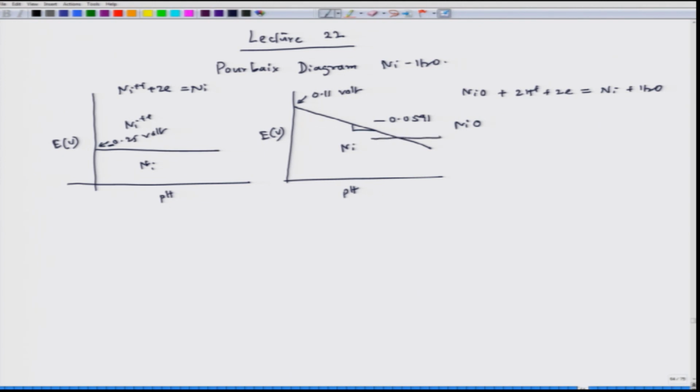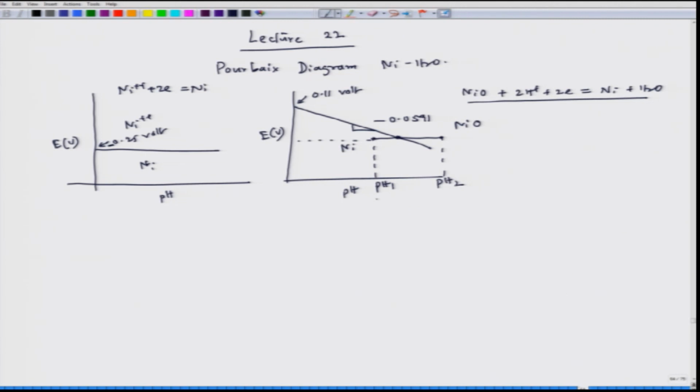So, let us have a parallel line and I am changing the pH. This is pH 1, this is pH 2 and the potential remains same. So, we see that on the left side, when it is pH 1, what is the hydrogen ion concentration?